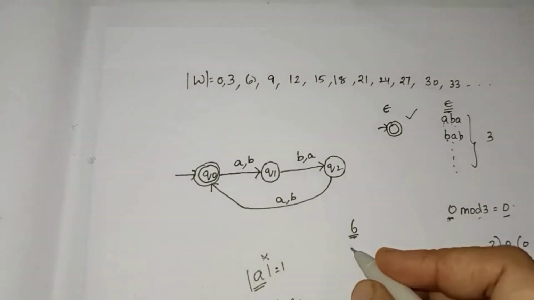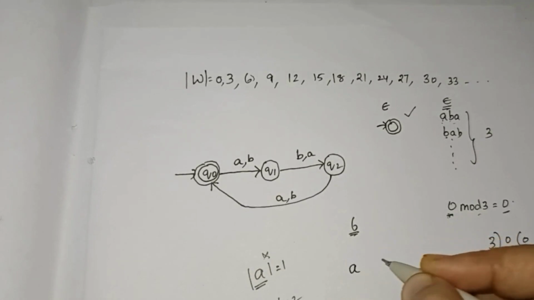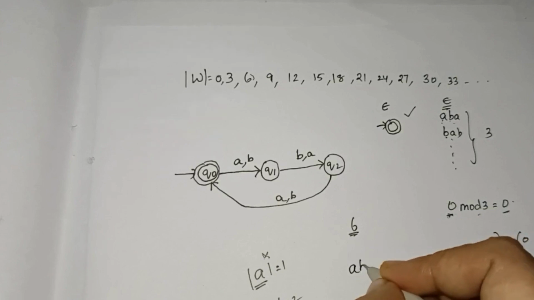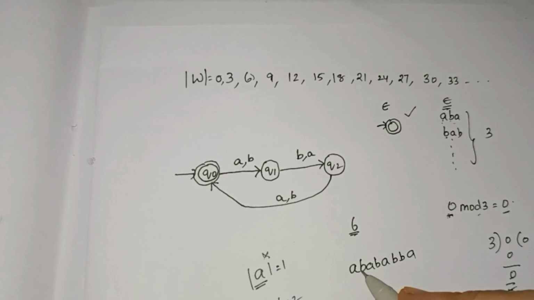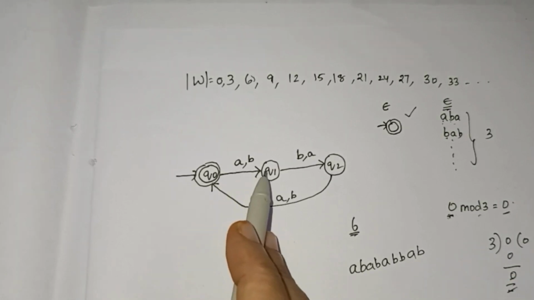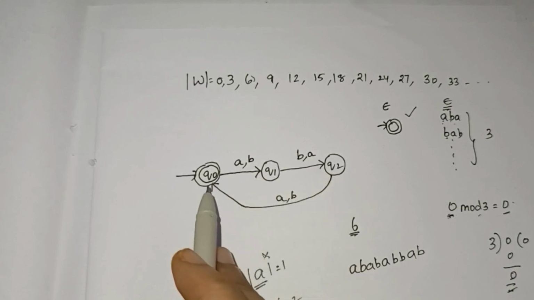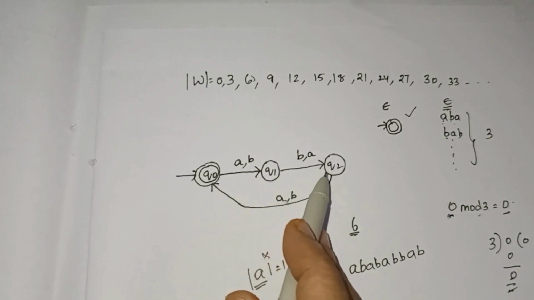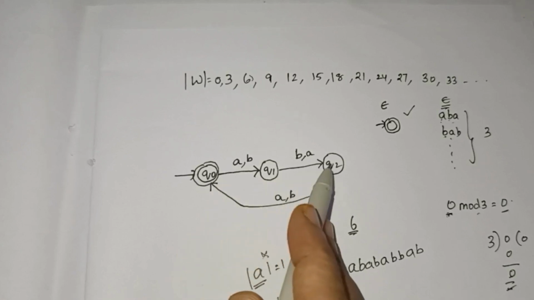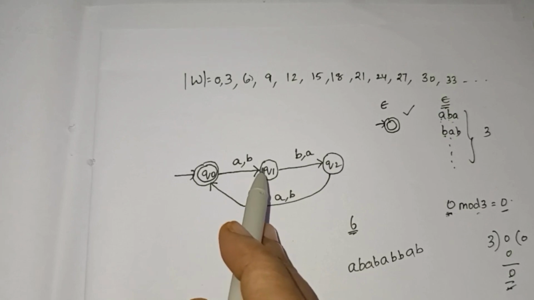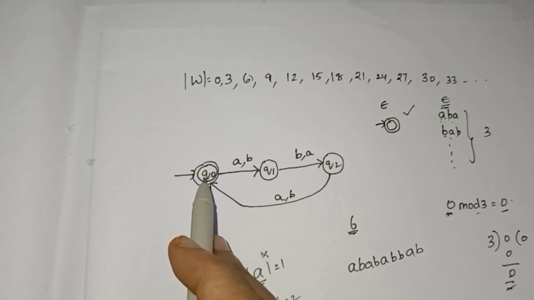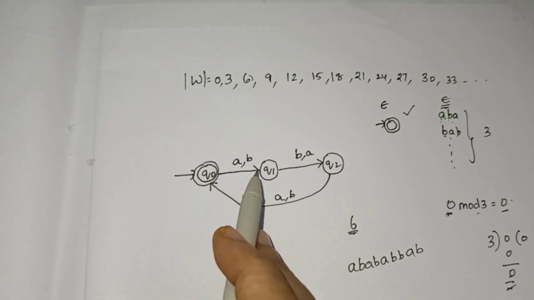Now, if I take a string of length 9, it can be anything, not only A, it can be B also: A, B, A, B, A, B, B, B, A, finally B. What is the length? 1, 2, 3, 4, 5, 6, 7, 8, 9. Till 9 we will get here, but after that 10 we will not get.